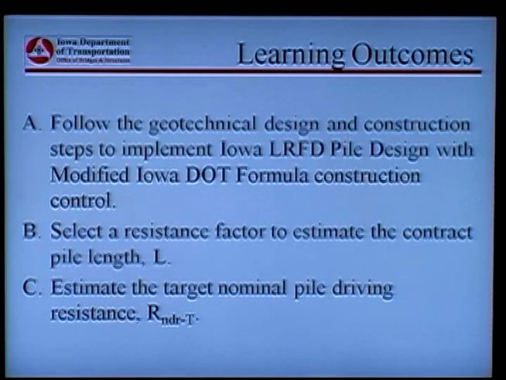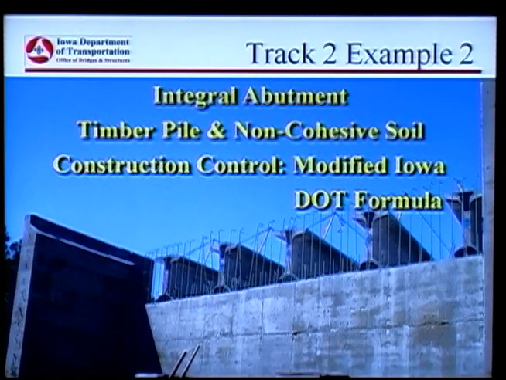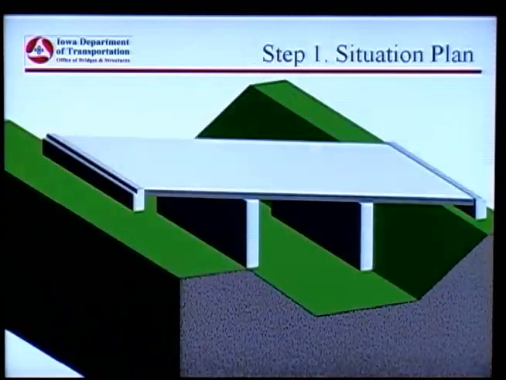Design to determine the contract length, as well as the target resistance required to verify the pile performance during driving at the site. This example is an integrated abutment, a timber pile construction in a non-cohesive soil, with construction control using the modified Iowa DOT formulas. Okay?